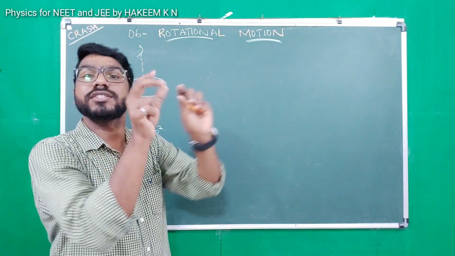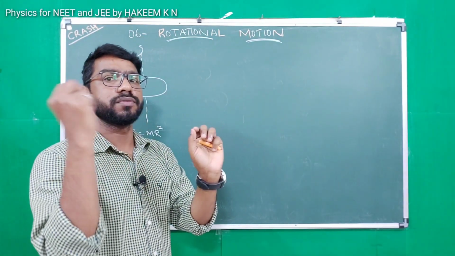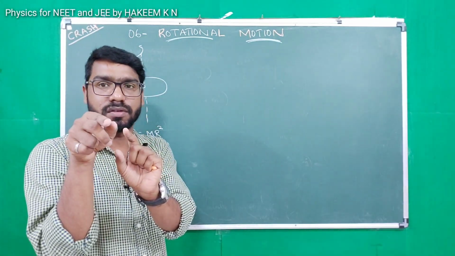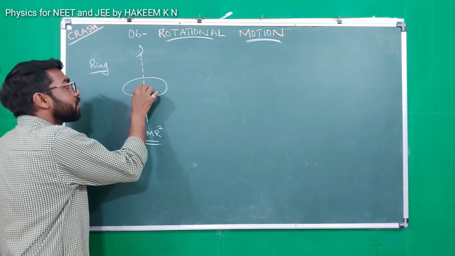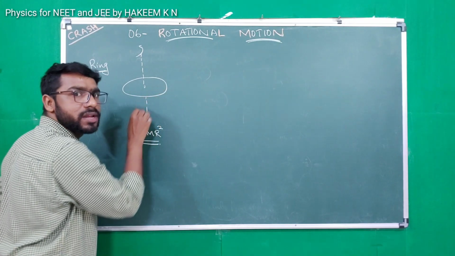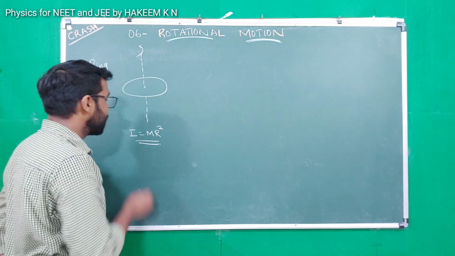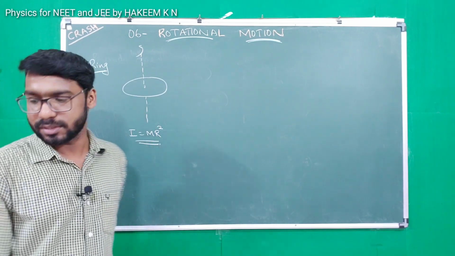The whole mass of the ring lies at its circumference. So the distance of all mass particles from the axis of rotation is the same, equal to the radius of the ring. Okay, that is why the moment of inertia I equals total mass into radius square.